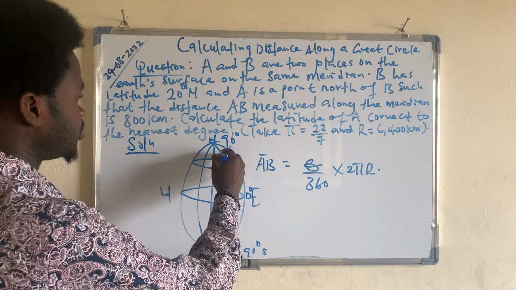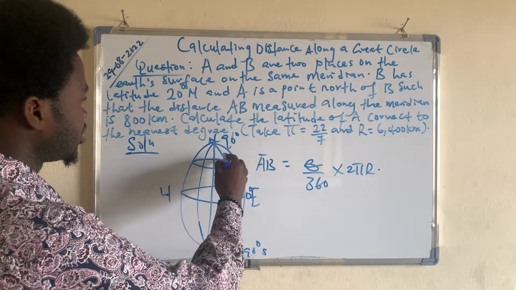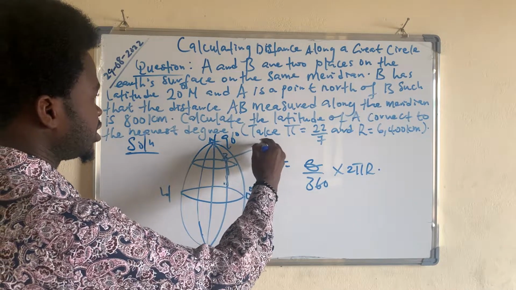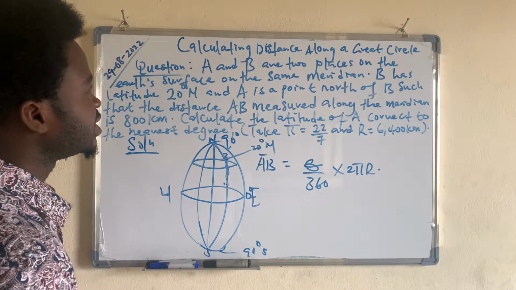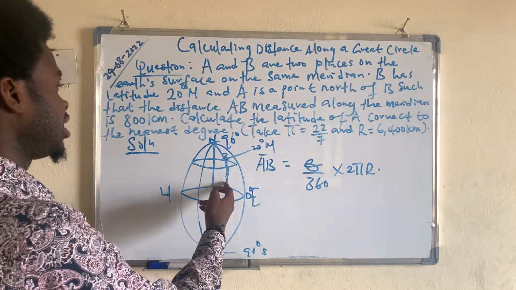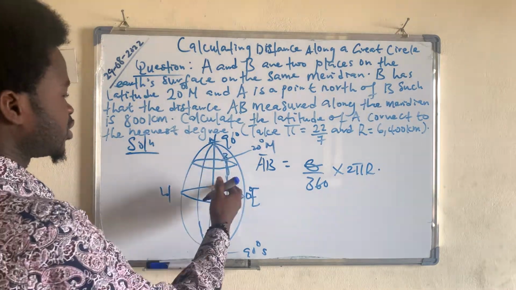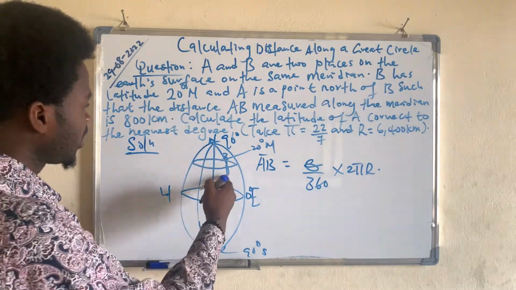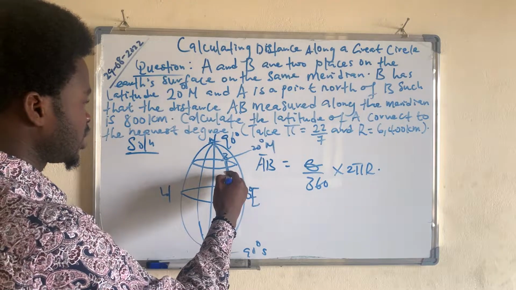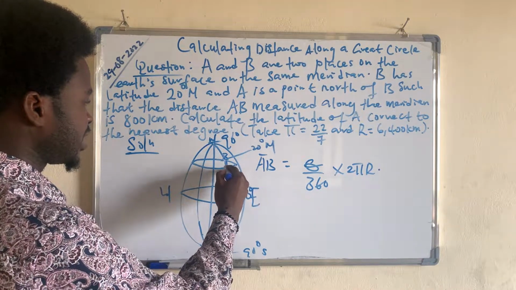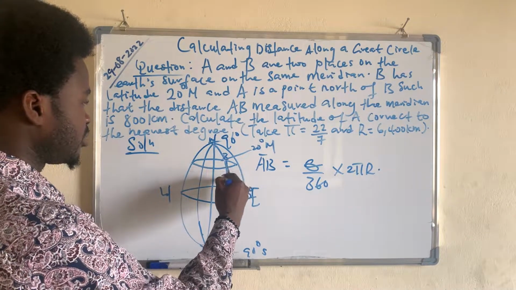If this is point B, I can name it B, 20 degrees north. And A is a point north of B, so that's why I have to label this B. A is a point north of B, so still on the same meridian. So let's put here point A.